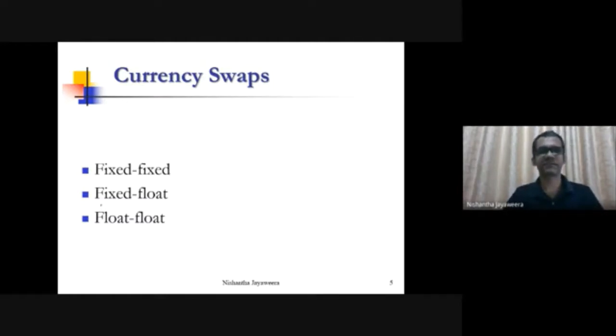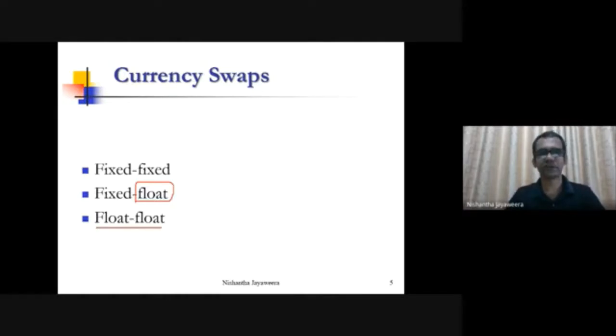But in the second one, interest rate on one currency is fixed. The other currency is linked to a benchmark rate. That's why it says float. Whatever the float side will be reset according to the payment frequency. If it is 3 months payments, every 3 months they will reset the interest rate for the next 3 months period.